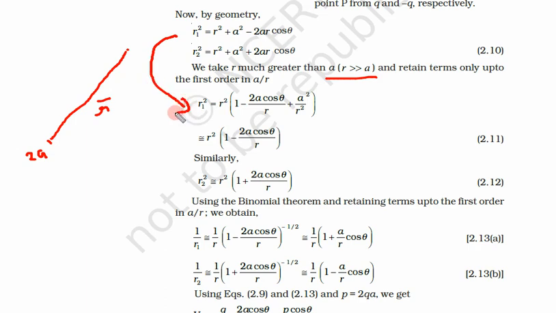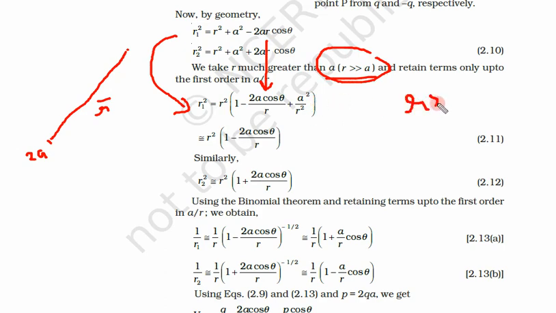So for the first condition, r1 square, let the r square be common, this is simply 1. The second term, 2ar cos theta upon r square, so r cancels out, this is simply 2a cos theta upon r, and the third term is plus a square upon r square. As you know, if a is much smaller than r, then a square upon r square will be even smaller.